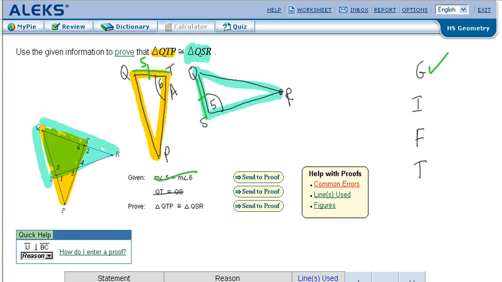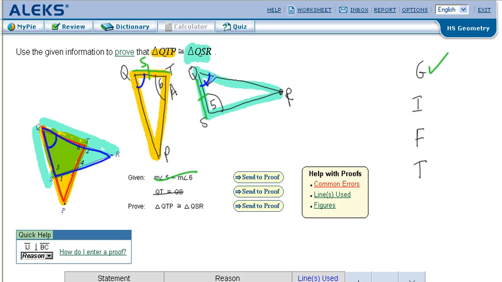Now we're going to look at what is also implied as congruent here. If you notice very closely, both triangles exactly overlap at Q. Here we have QPT, the red, and then here we'll do this in blue at QSR. They both exactly share angle Q, so that is also congruent.